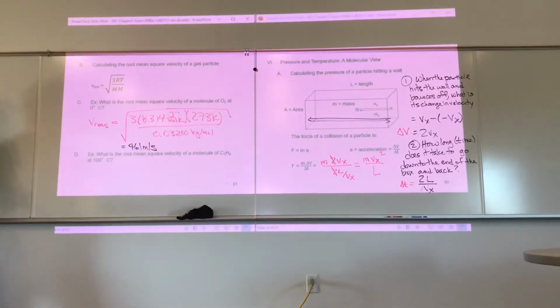Lower the temperature by 25 degrees and you get 461 meters per second. So it slows down. The other problem is a companion problem. Any questions about this? Okay.